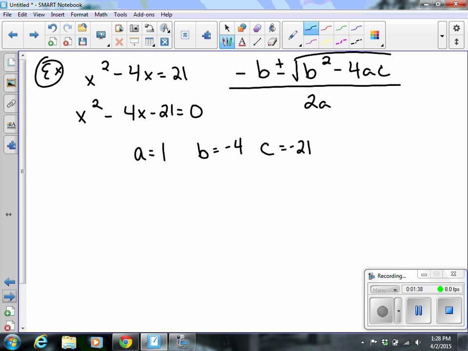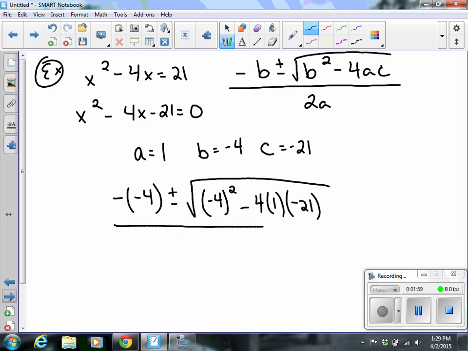Okay, so what happens now? I have my a, my b, and my c. So I plug that information into my quadratic formula. So I have negative 4 plus or minus the square root of negative 4 squared minus 4 times 1 times negative 21, all over 2 times 1.